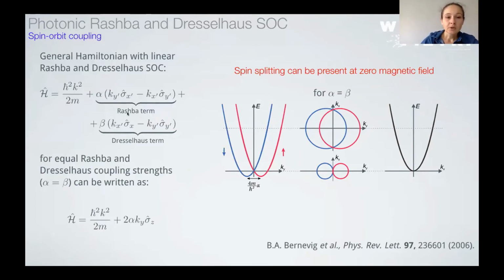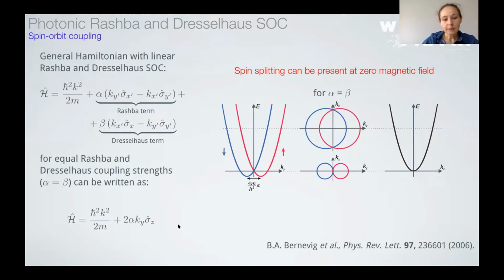It was demonstrated that such a term, which couples momentum and spin, can be realized in the system and splits the two photonic branches in momentum space. So we have two purely polarized photonic branches, and the minima appear at different momenta. In reciprocal space, it looks like a circle.